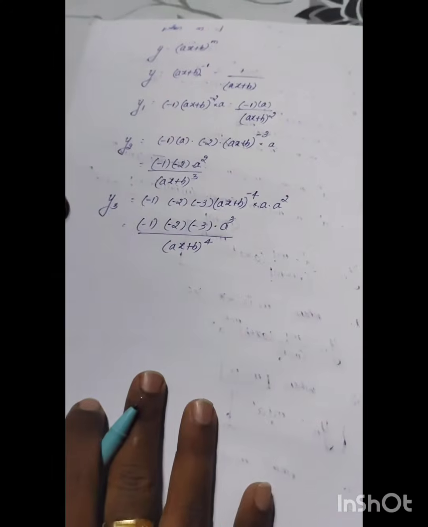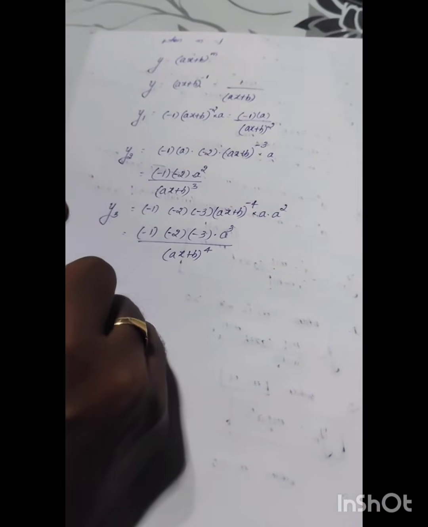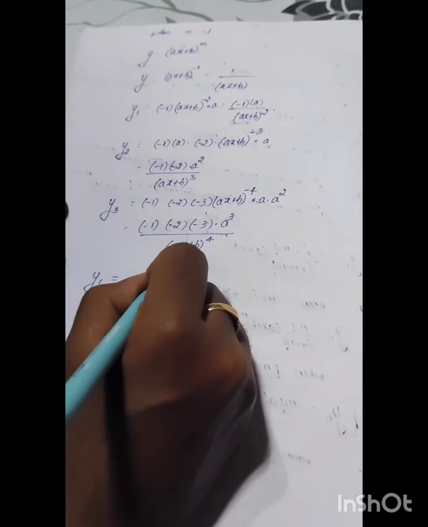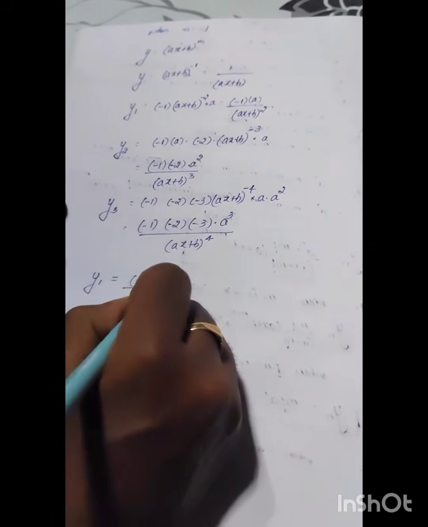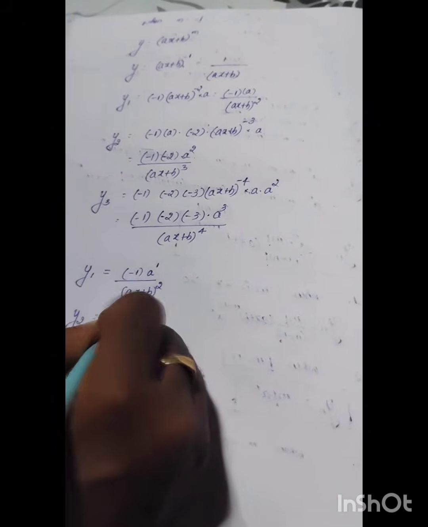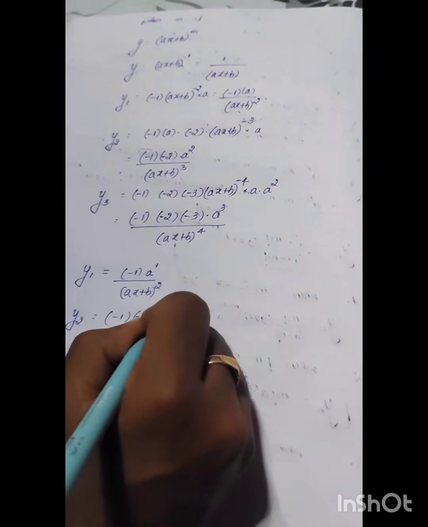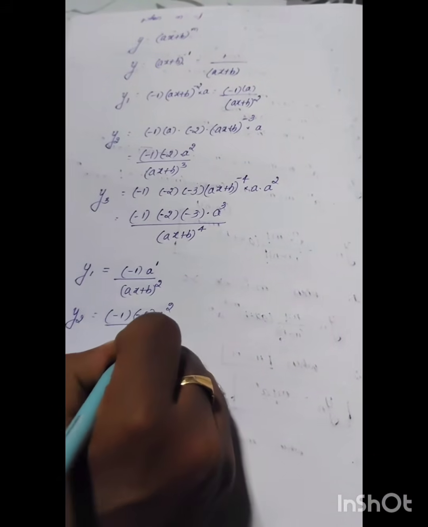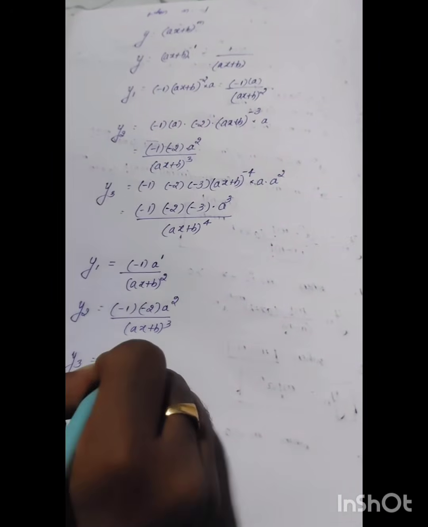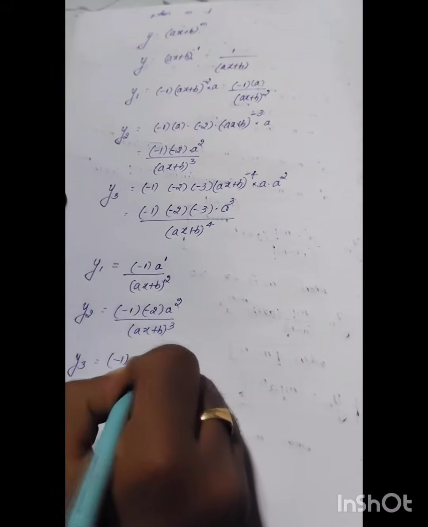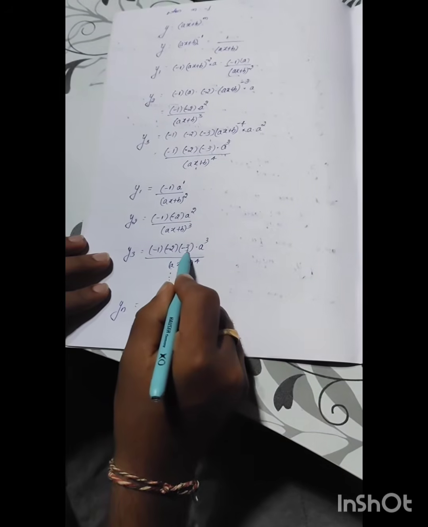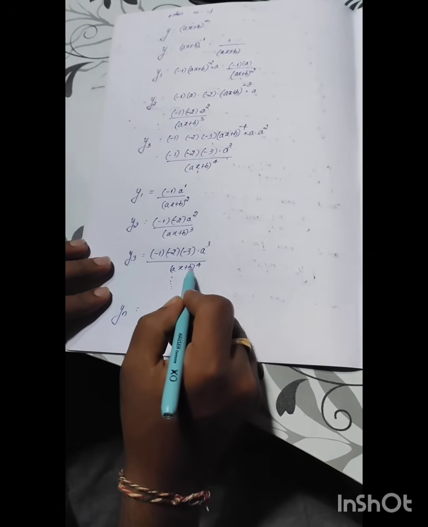If we observe the pattern here, let me rewrite it in a very straight way. y1 is nothing but minus 1 into a power 1 divided by (ax + b) the whole square. y2 is nothing but minus 1 into minus 2 into a square divided by (ax + b) raised to 3. y3 will be equal to minus 1 into minus 2 into minus 3 into a cube divided by (ax + b) raised to 4.